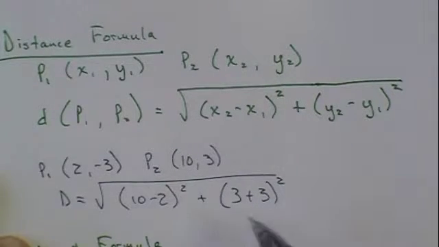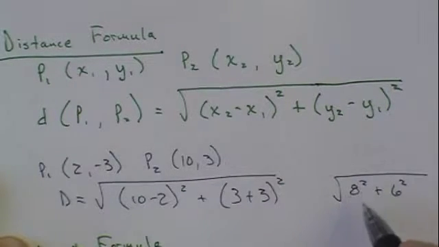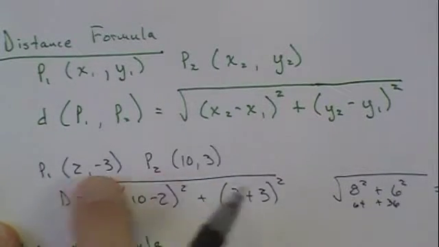So we end up with 8 squared plus 6 squared. So when we add those together, we have 64 plus 36 gives us 100. So the distance would be the square root of 100, which is equal to 10 for the length of the segment in between those 2 points.